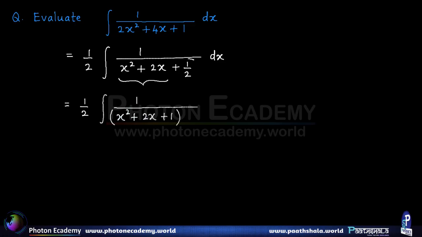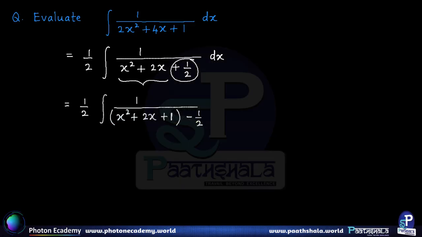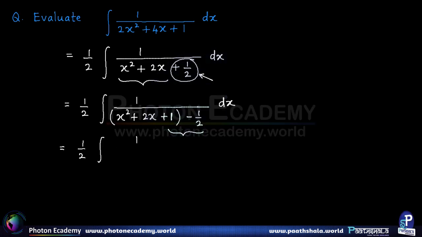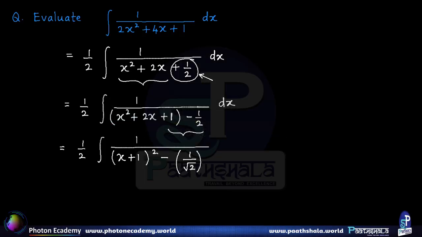And since we want to adjust 1 by 2 and we have already written 1, so that means we must ultimately subtract 1 by 2, so that 1 minus 1 by 2 gives us the 1 by 2 as we had previously, right? So writing the denominator now in the square form, that is the first bracket, which is x square plus 2x plus 1, can be written as x plus 1 the whole square, right, minus 1 upon 2 can be written as 1 upon root 2 the whole square dx.